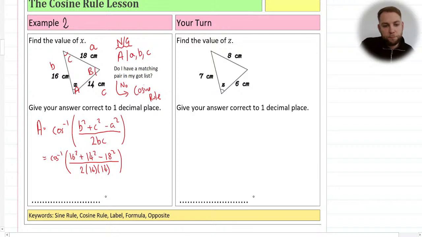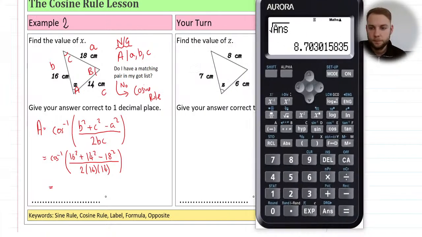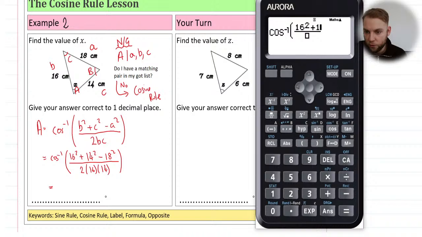Now, because we've already rearranged our formula, we can just use this one. So let's type it all in. Big old formula this. Shift cos to the minus 1 first over the fraction, 16 squared plus 14 squared minus 18 squared all over 2 times 16 times 14 there, like so.